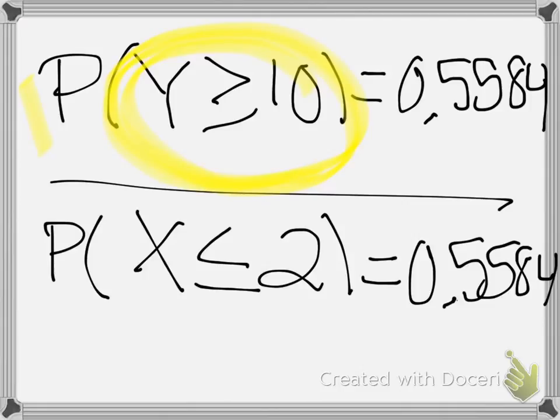So if 10 or greater are telling the truth, that's the same as 2 or less than that who are not telling the truth, and that is the reading, I mean. So let me rephrase that. You have a total of 12 people. This number right here says 10 or more of those 12 are getting a truthful reading on their lie detector test.